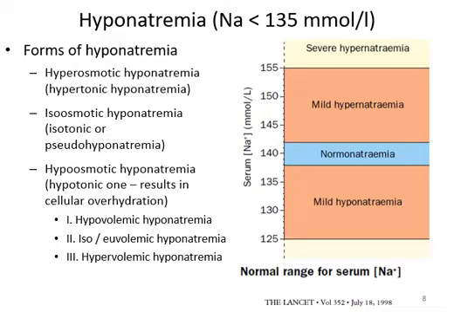As you know very well, the sodium reference range is between 135 and 145 millimole per liter, and hyponatremia obviously consists of situations when the sodium concentration is less than 135.